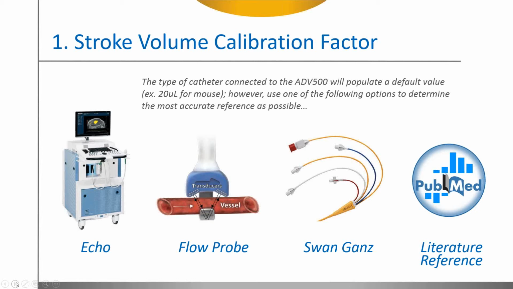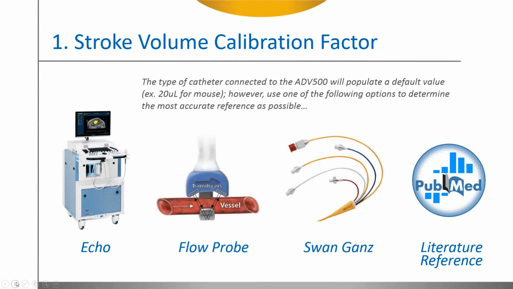Echo technology is optimized for rodents, has been gaining popularity in the last several years, and is now available in many research centers. For either bond or admittance users, for many years, transonic transit time flow probes, the second from the left, have been a gold standard for obtaining cardiac output and stroke volume for volume calibration.